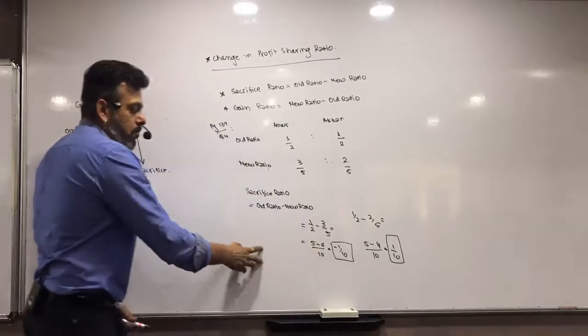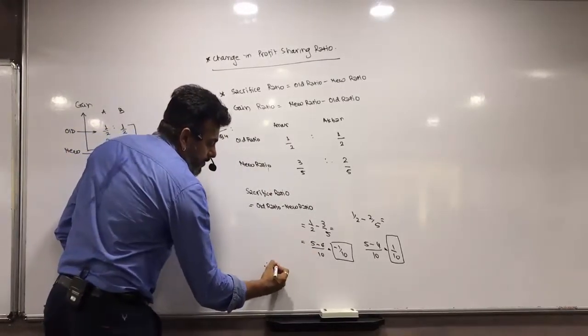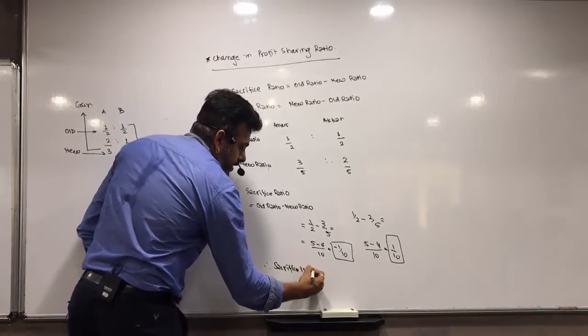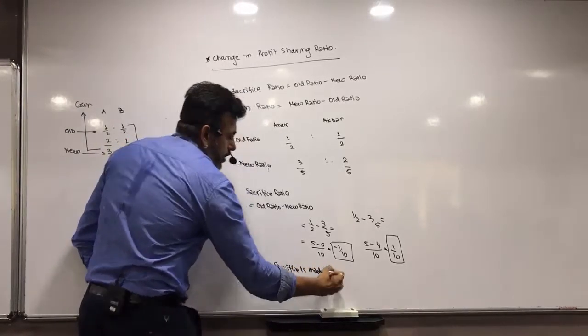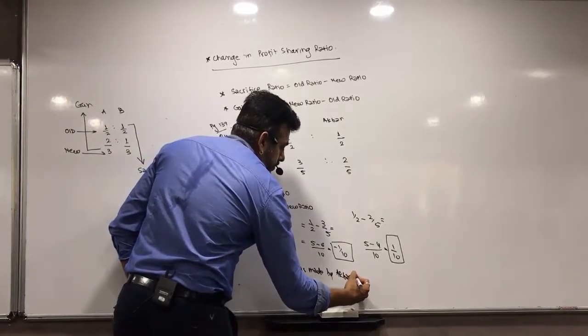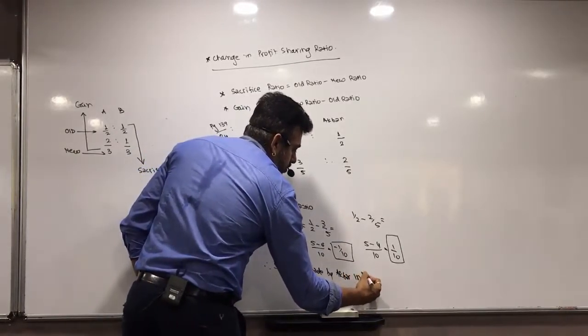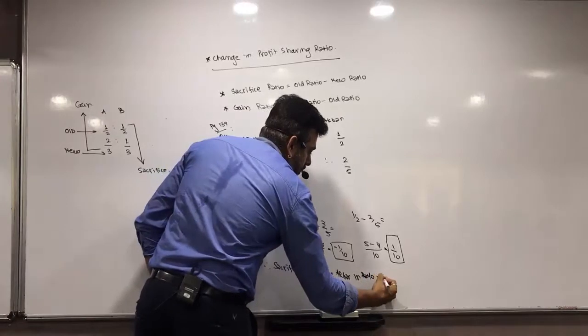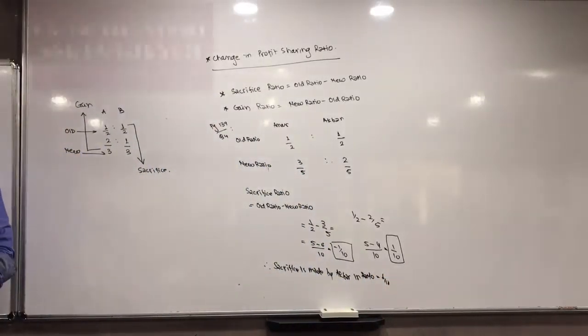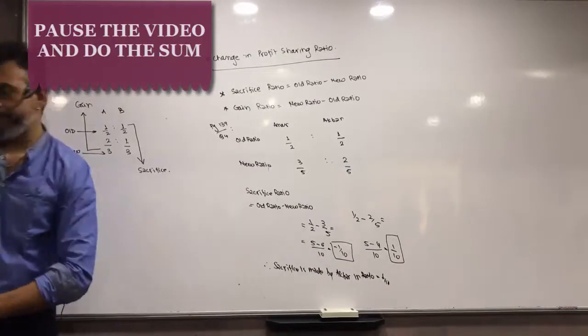Got it? Now, what we finally write is sacrifice is made by Akbar in ratio 1 by 10. All of you understood this? Okay, लिख लो.